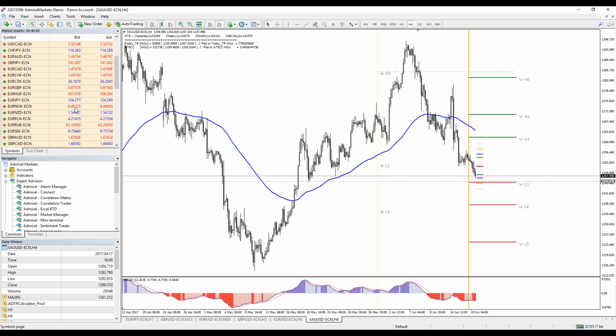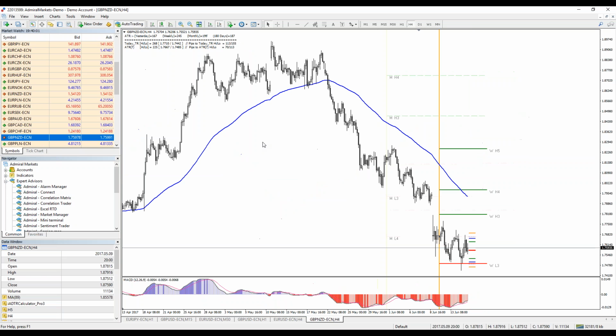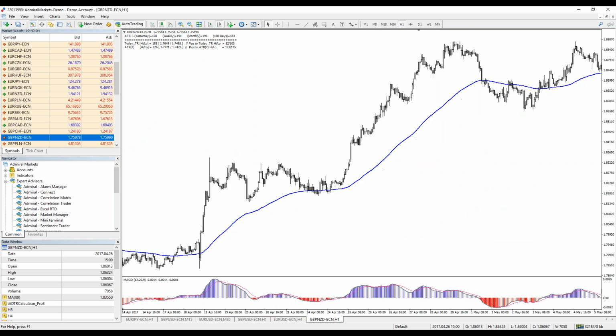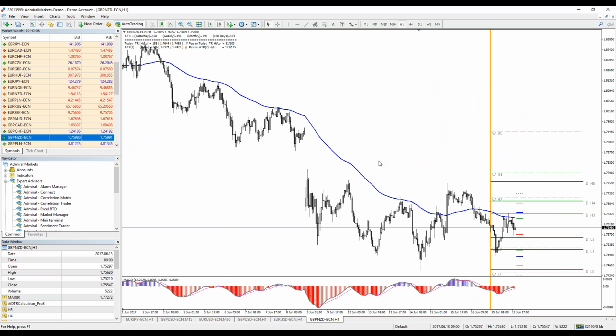So pay close attention. Pound New Zealand, a bit volatile pair. It's being rejected from daily H3. So unless it breaks this level here, 76.50, there is no upside. Until then, I think it will be sold on rallies.